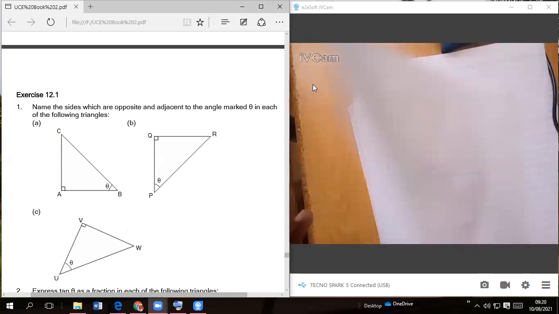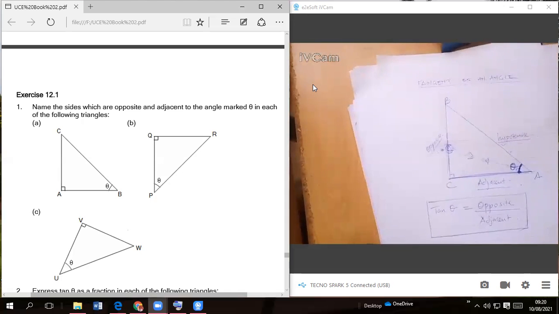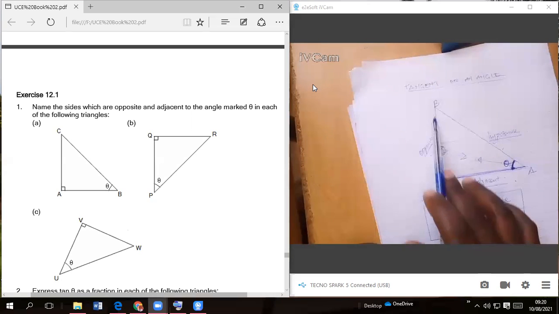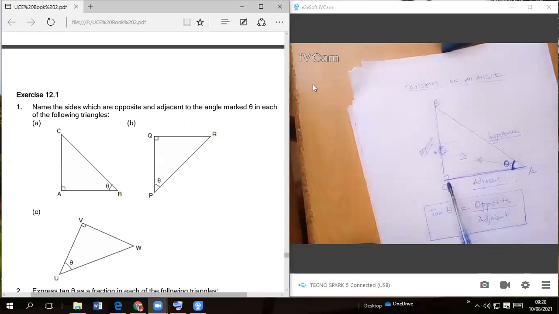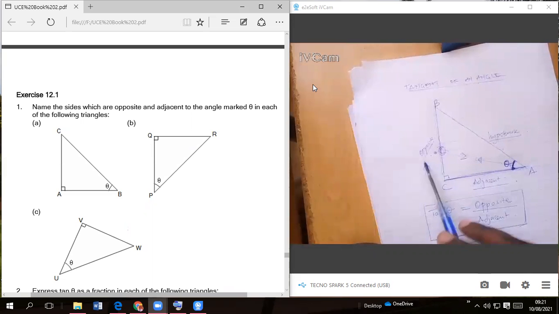When we come back to the previous diagram, we said that the side that is far away from the angle is the opposite. So this side, which is far away from the angle, is the opposite.